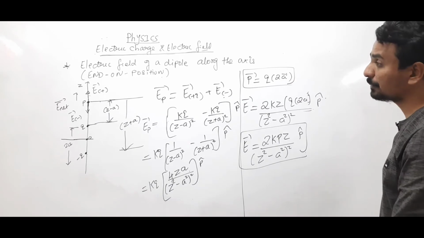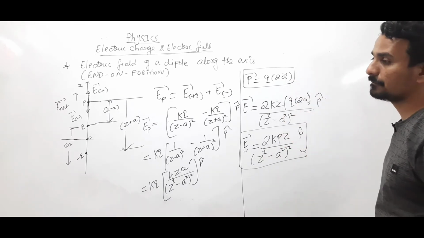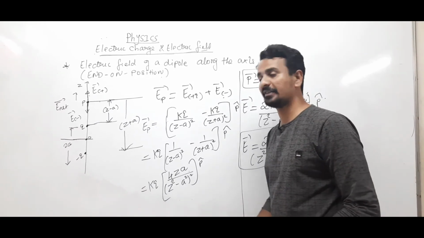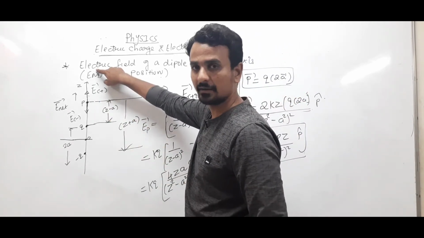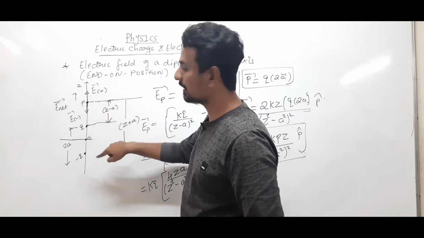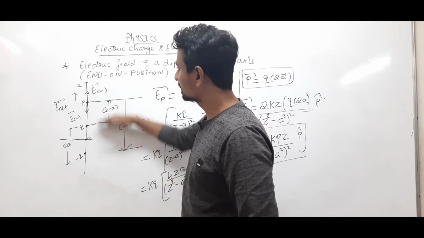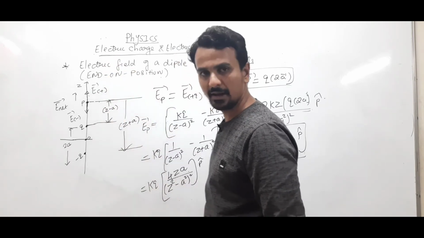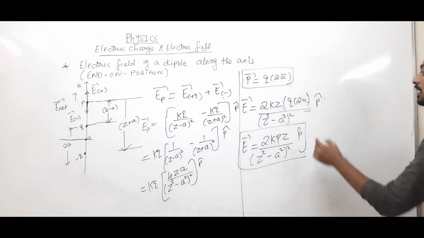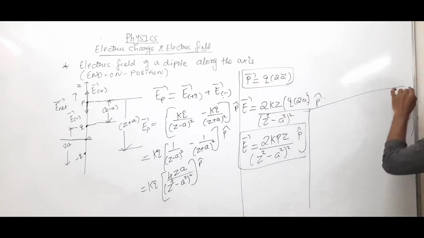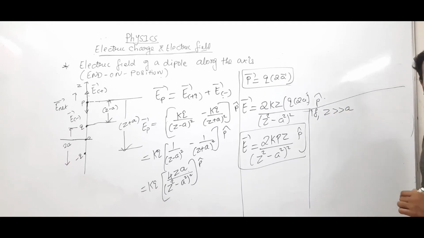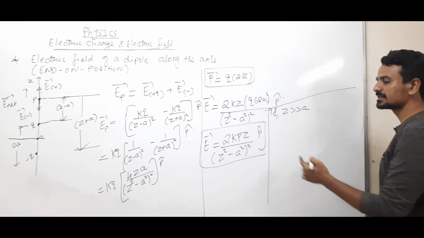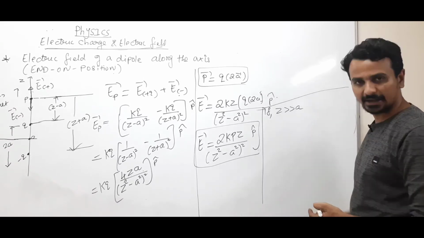Now, if the point is very far from the origin, that means if the point is say somewhere here, then z will be quite greater than a. That is, if your dipole is a short dipole or if z is greater than a, then you can neglect a.